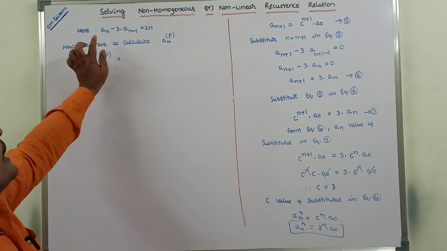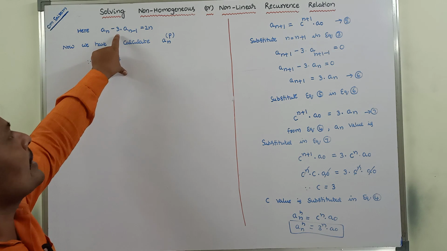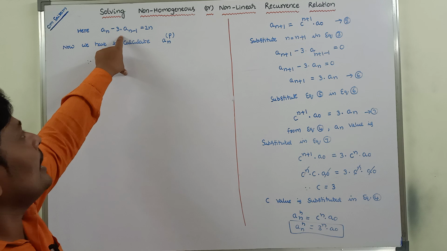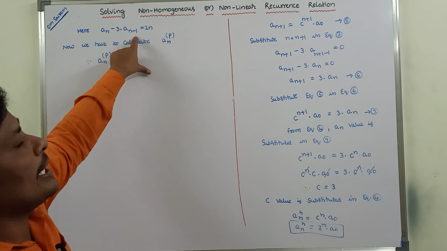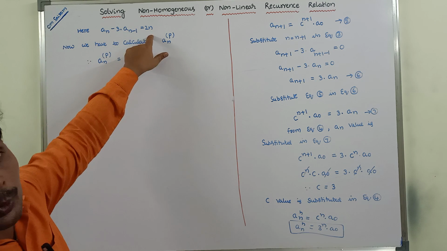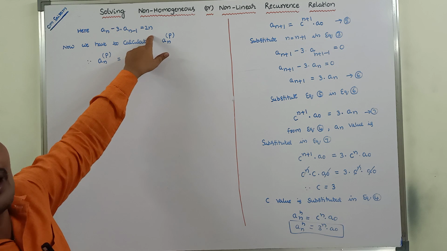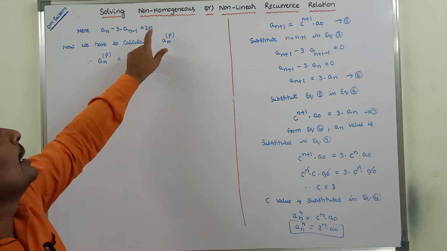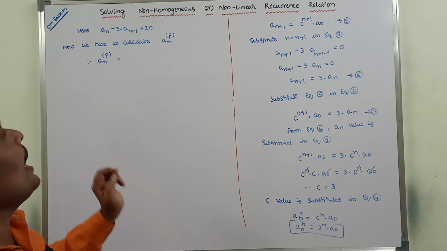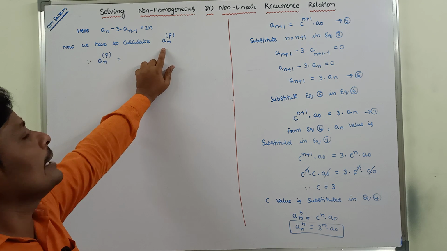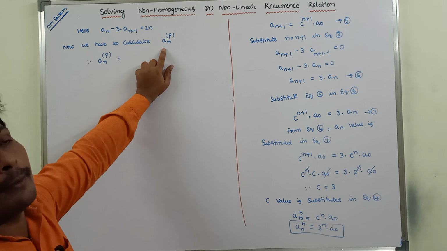The given recurrence relation a suffix n minus 3 into a suffix n minus 1 is equal to 2n. Okay, the right hand side part contains 2n. So at that time we have to calculate the a suffix n power p.